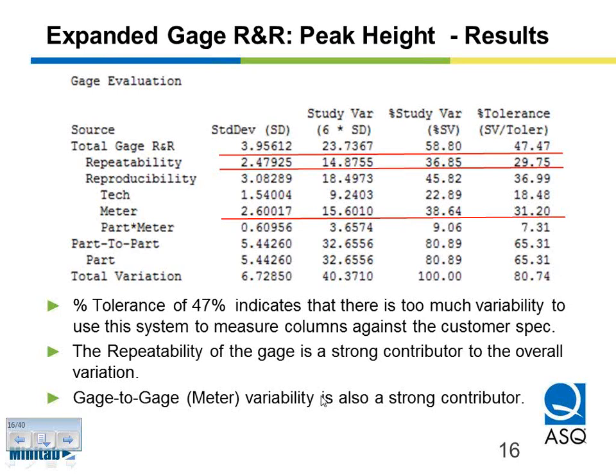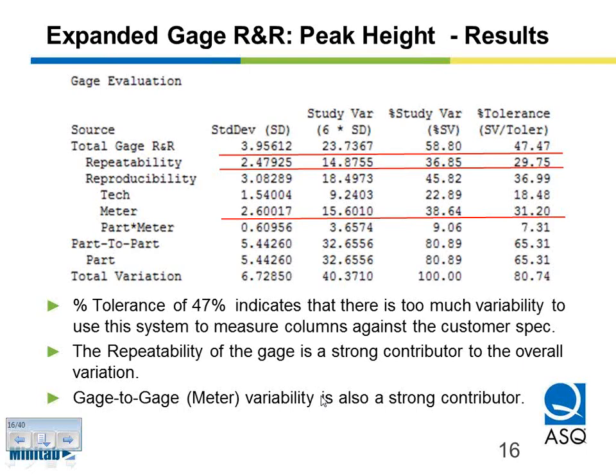Now, you'll notice I'm completely ignoring percent study variation. They didn't take any care or preparation to make sure the parts represented the natural variation in their process, because they planned to completely ignore percent study variation and focus just on what? Just on percent tolerance, because that's what they were using these gauges for.